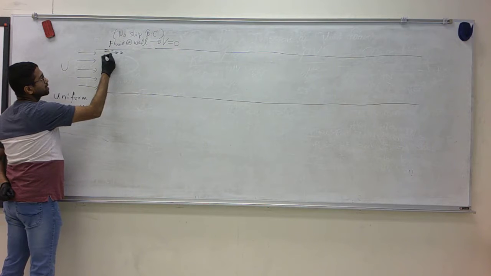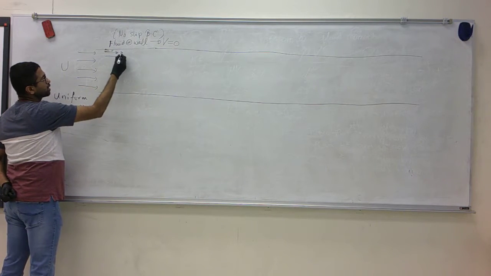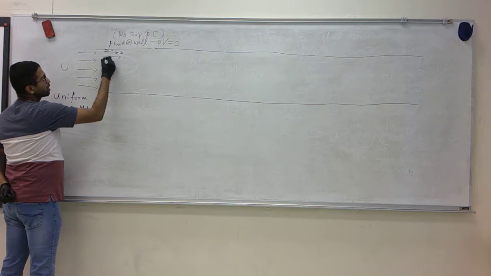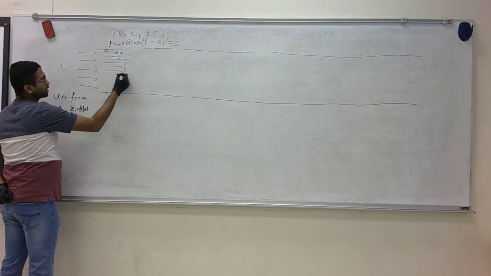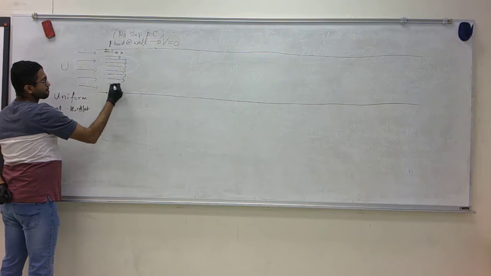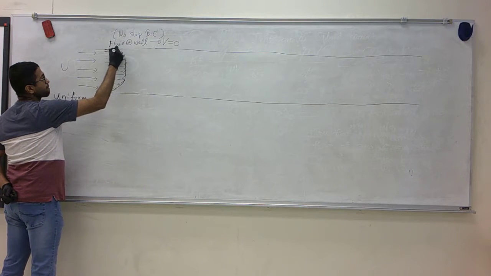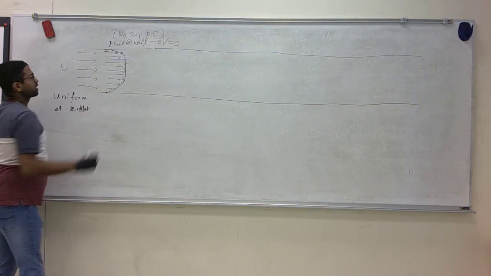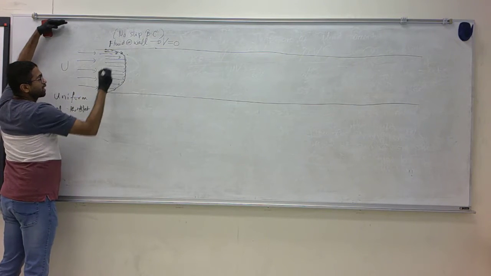And then the next layer should have had the same velocity, but it is now a little bit lesser. So this goes on. So over a certain distance from the wall, the effect of the wall has propagated.